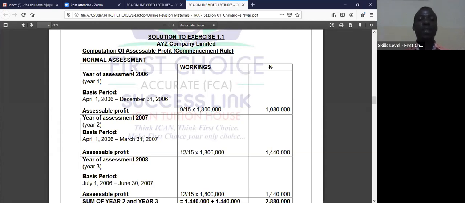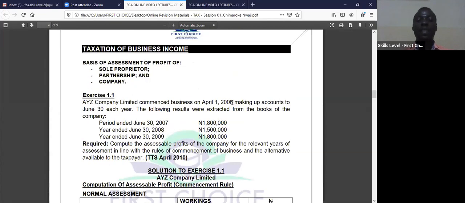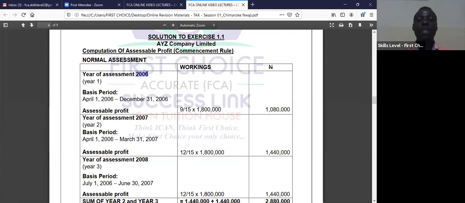So if you look at year 1, how do we know that this is 2006 year of assessment? All we need to know is that in the first year, the date that the business started is in the year 2006. So that makes the year of assessment 2006.